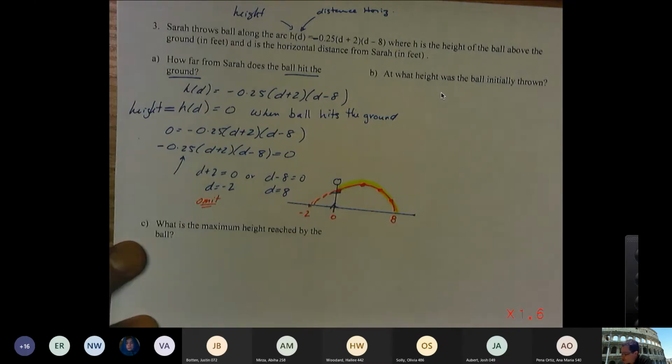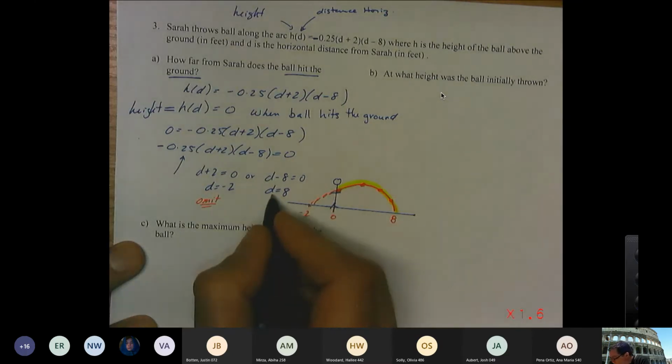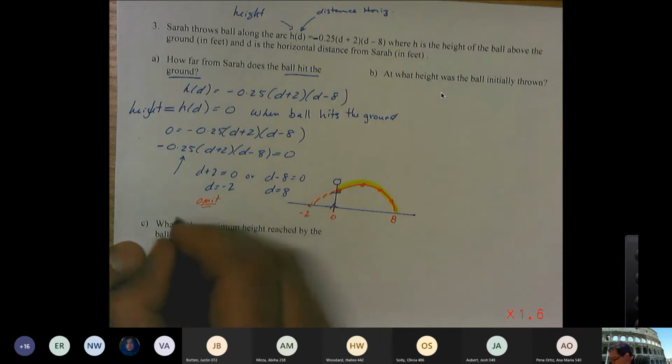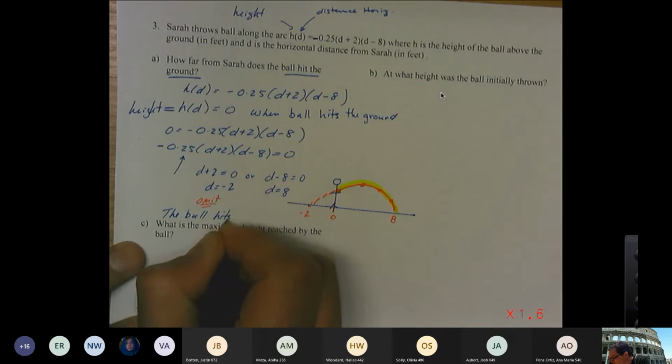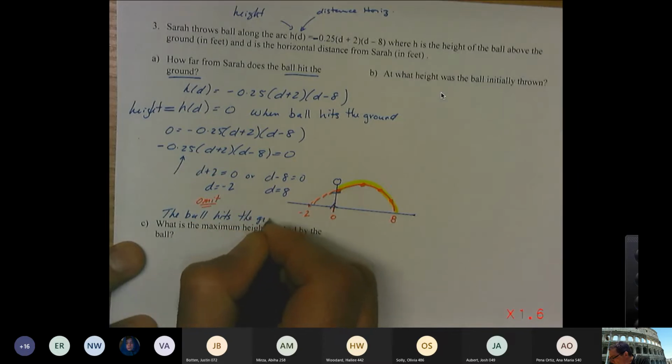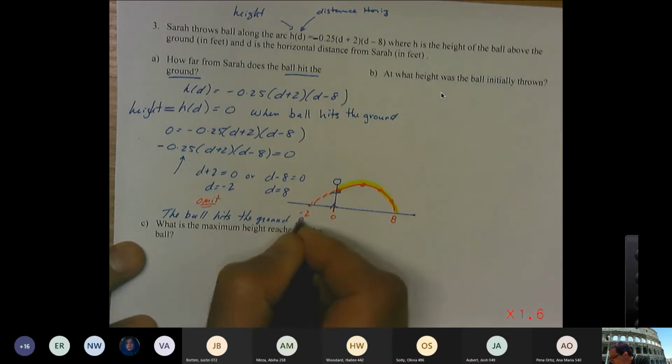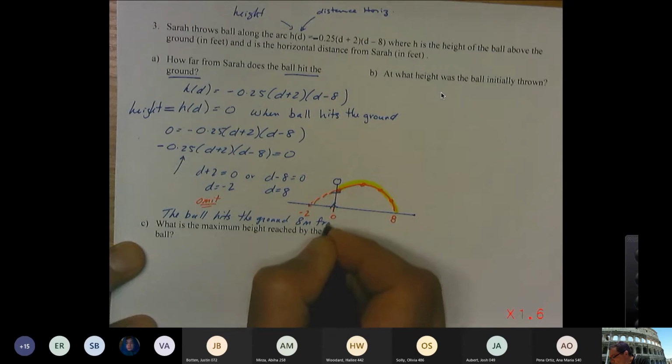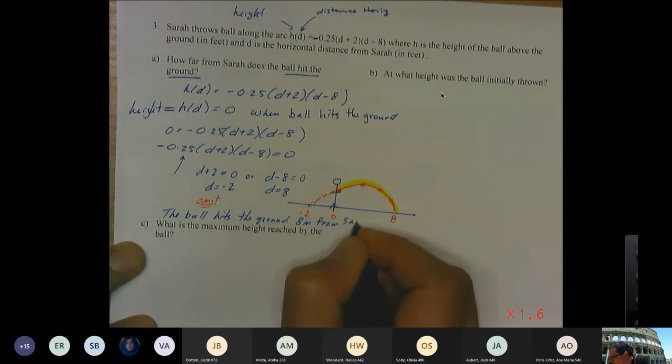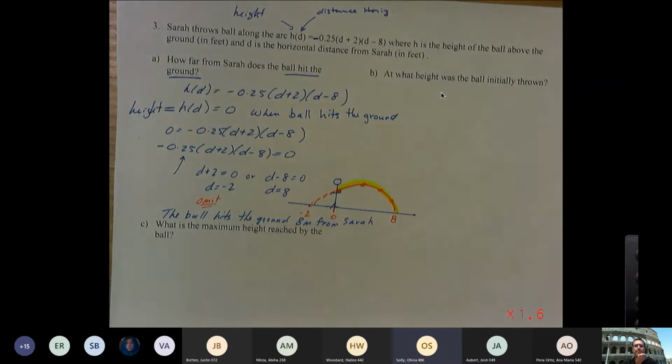And we say the ball is going to hit the ground 8 meters from Sarah.